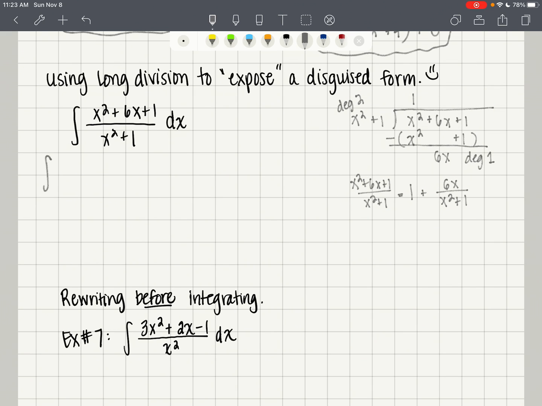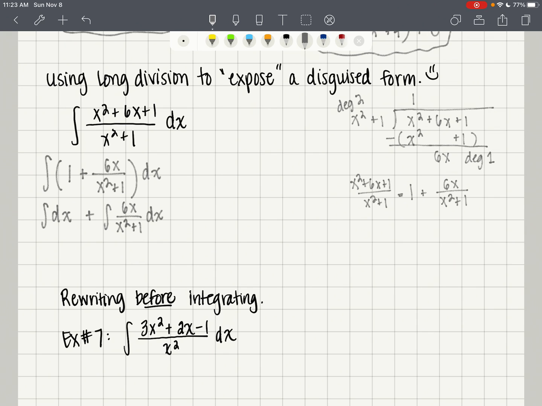I'm going to rewrite this as the integral of 1 plus 6x over x squared plus 1 dx. And then I can rewrite this as the integral of 1 dx plus the integral of 6x over x squared plus 1 dx. And now I can find the integral of each.